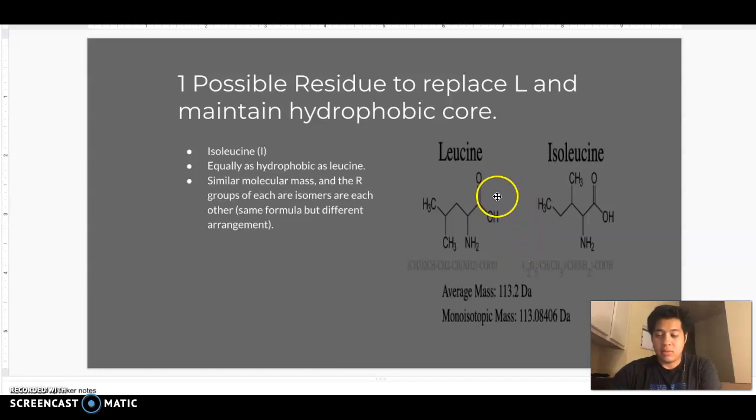They have very similar molecular masses of around 113, along with the R groups of each being isomers of each other. If you recall from your organic chemistry class, an isomer means that the molecule has the same formula but a different arrangement. As you can see here, the R group for leucine and the R group for isoleucine are both isomers of each other.